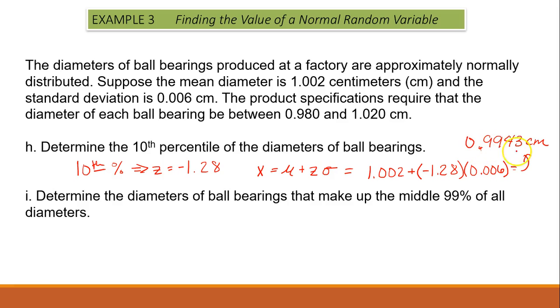That's what that one is going to be measured in. So there you go. That is the diameter of ball bearings that is in the 10th percentile.